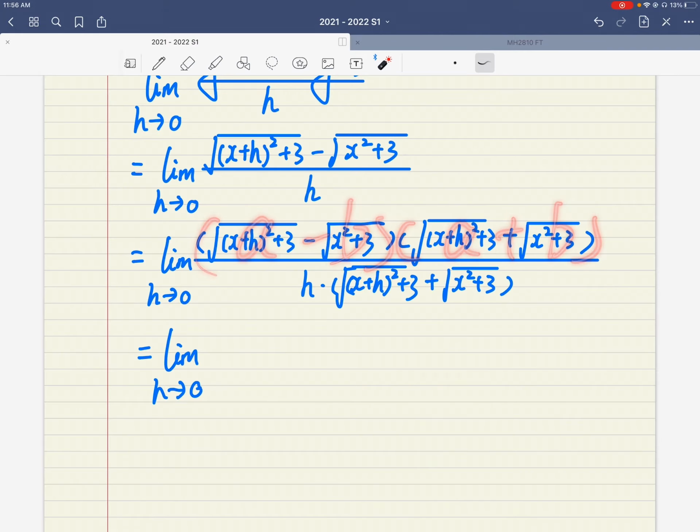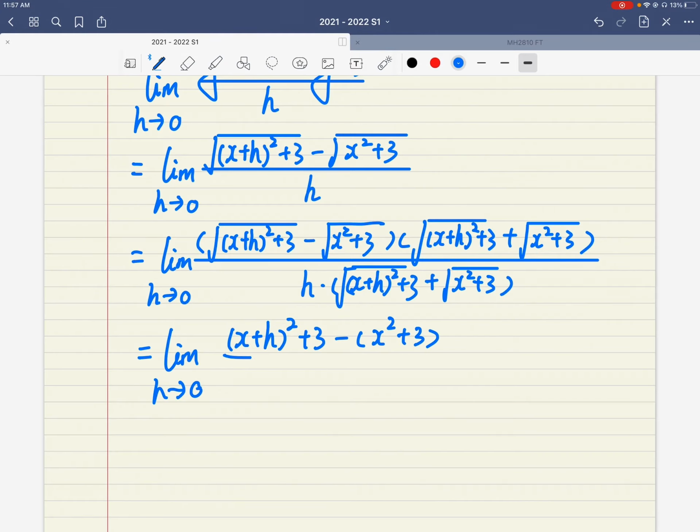So the result is a squared minus b squared. So a squared is (x plus h) squared plus 3, minus b squared. Right? b squared is just x squared plus 3. Okay, over the bottom, h times the square root plus the square root.